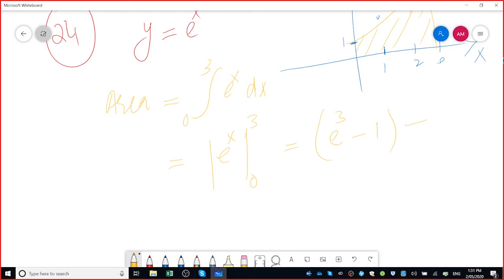So it's equal to 19.1 units squared, because it's area, therefore we write units squared. Okay, and let's do now the B part.